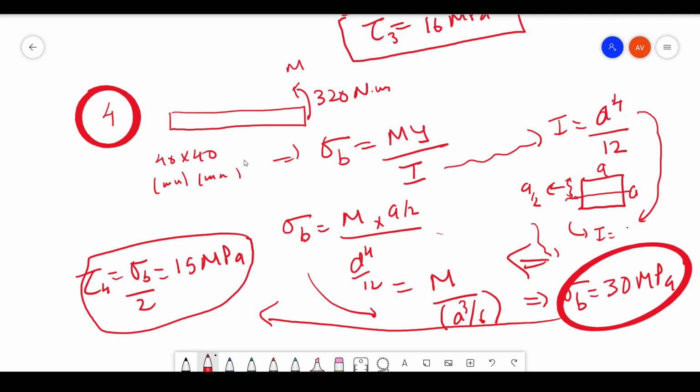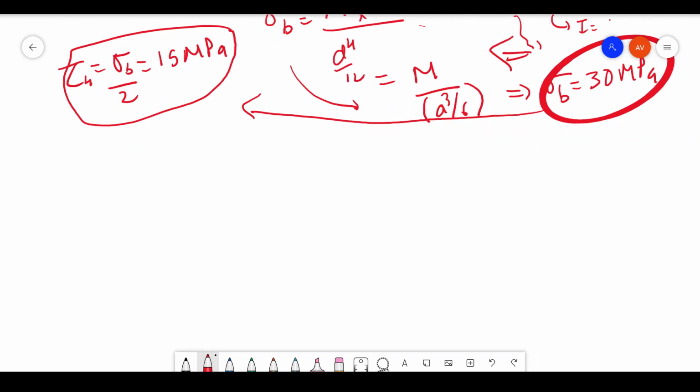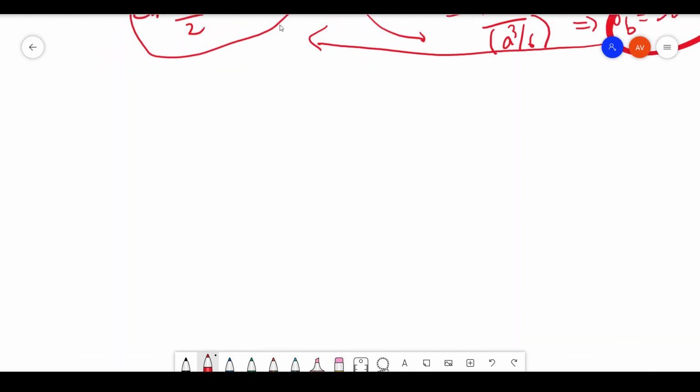So now take all the 4 cases: tension, compression, torsion and bending.